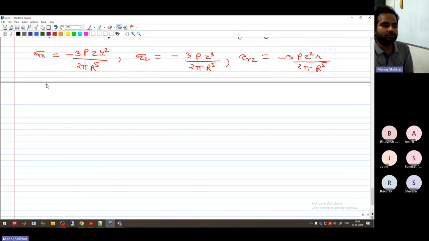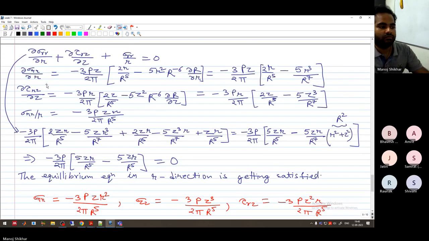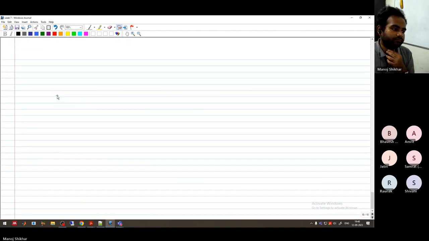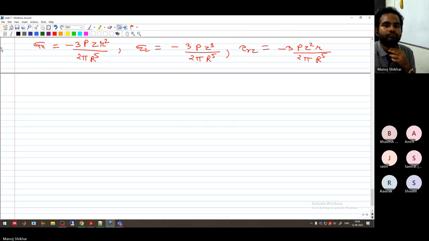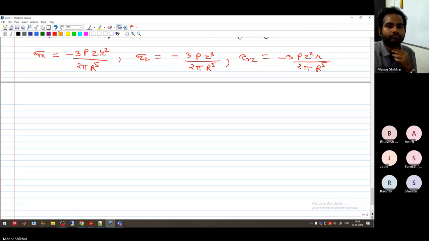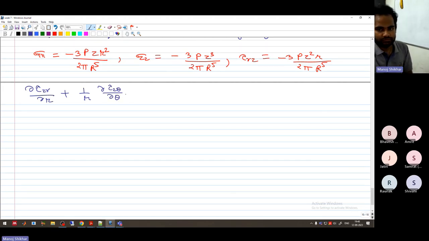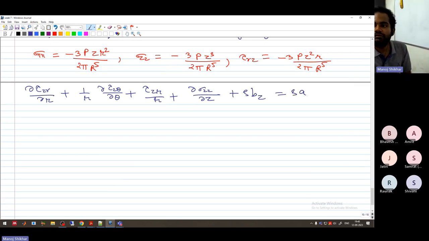Okay. So for Z equation, del tau ZR upon del R plus 1 by R del tau Z theta upon del theta plus tau ZR upon R plus del sigma ZZ upon del Z plus rho BZ or BZ, whatever you prefer, 0.